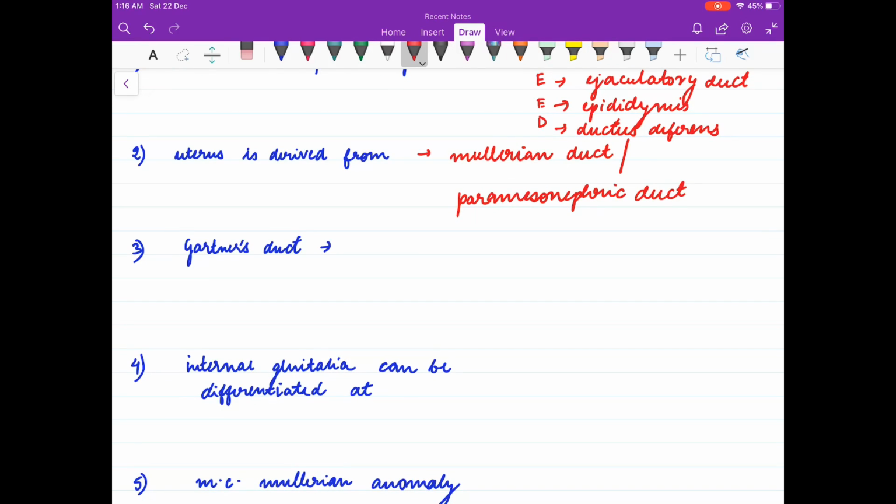Gartner's duct is remnant of caudal part of mesonephric duct. Other remnants of mesonephric duct seen in females are epoophoron, paraoophoron, hydatid of Morgagni.